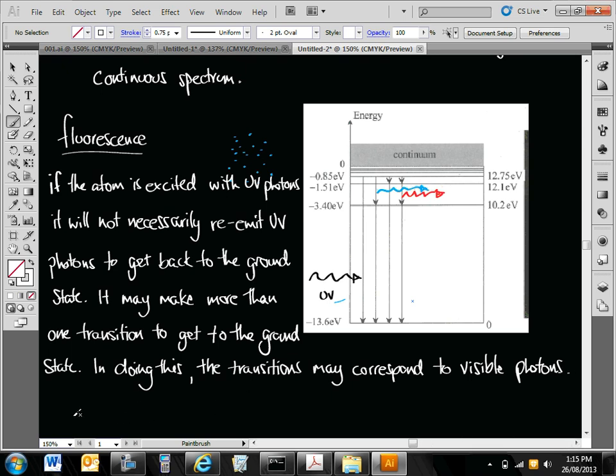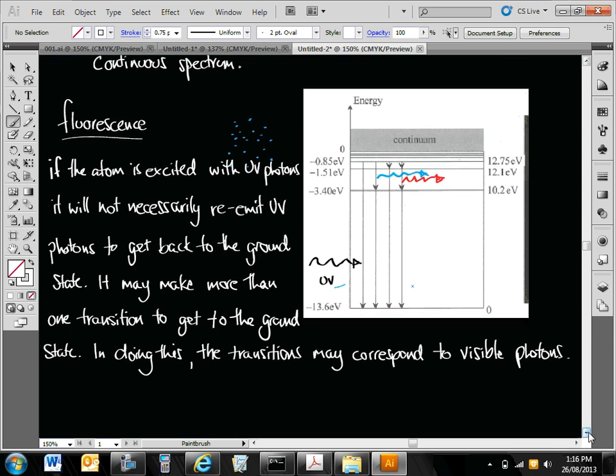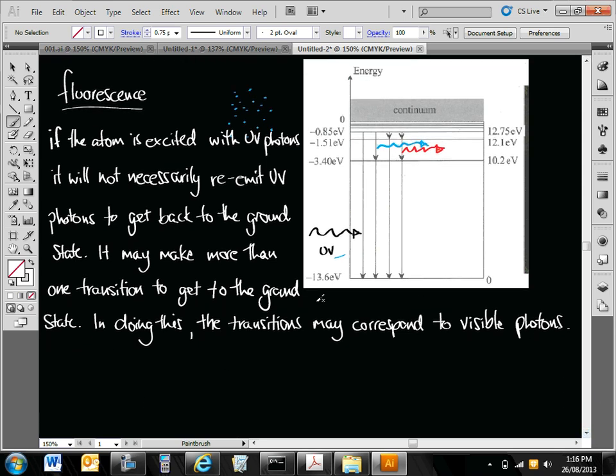One thing I do have to say is if I have a UV photon come in, no matter what transition it does to get back to the ground state, they must add up to the original photon. We can't have extra energy coming out or extra energy going in and losing some energy in the transitions. It doesn't happen.